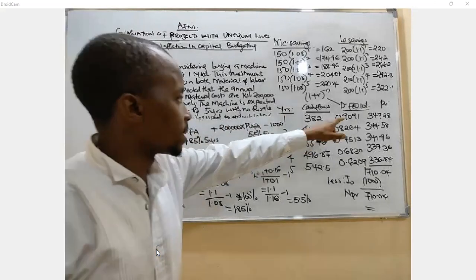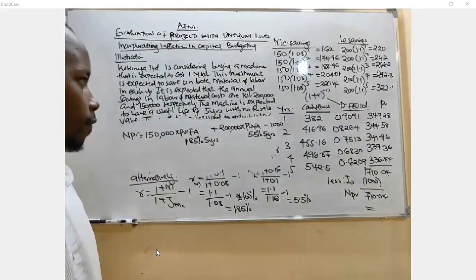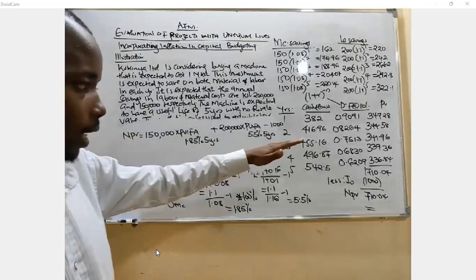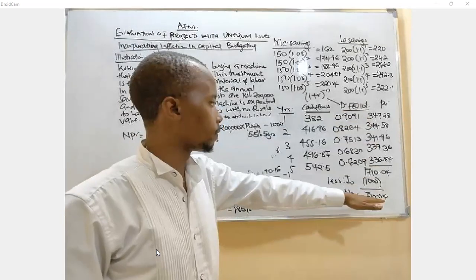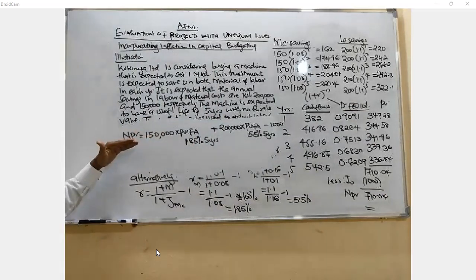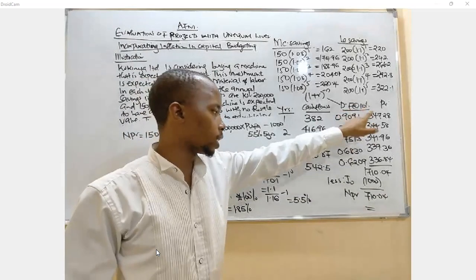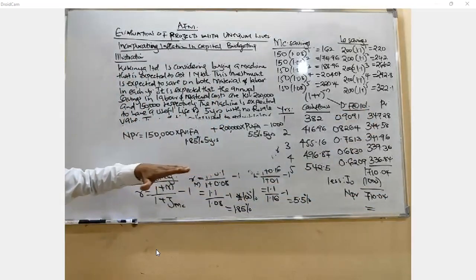If you have used 16% here, remember our cost of capital we used was 10%, and that is where you see the inflation adjusted cost of capital. In other cases, we are getting a negative. You can go and repeat this by yourself. The only change you make is on the discount factors, where we put 16%, and you should get the same answer.